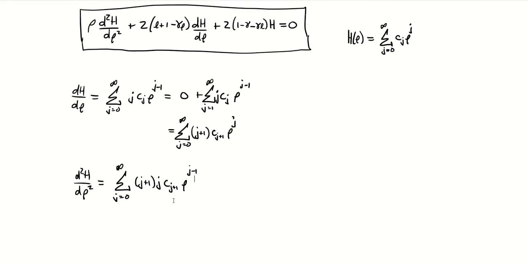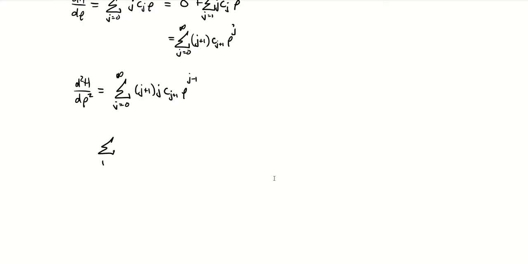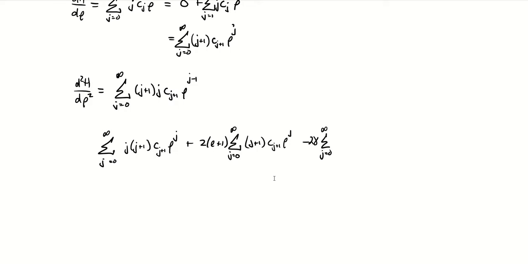Plugging these back into our differential equation gives us the sum for j equal to 0 to infinity of j plus 1 times c_j plus 1 rho to the j, plus 2L plus 1, sum over j equal to 0 to infinity of j plus 1 times c_j plus 1 rho to the j, minus 2 gamma, sum j equals 0 to infinity of j c_j rho to the j, is equal to 0.